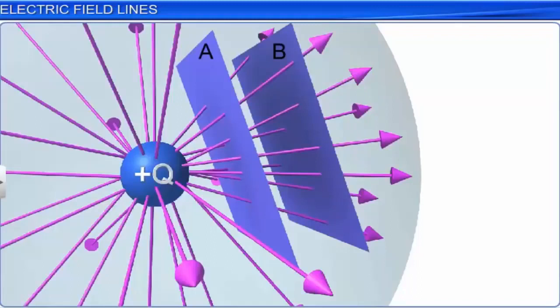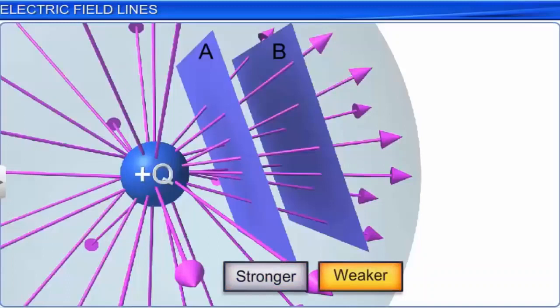This indicates that the strength of the electric field at A is greater than the field at B. As the electric field strength is stronger in region A and weaker in region B, the electric field shown is a non-uniform electric field as the field strength varies from region to region.